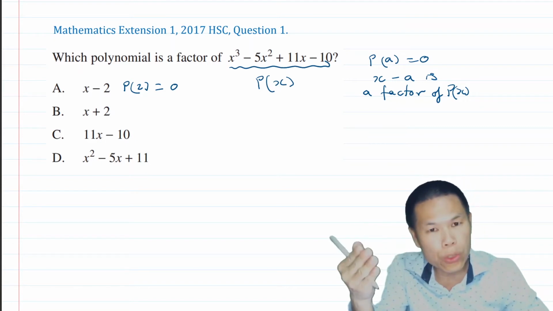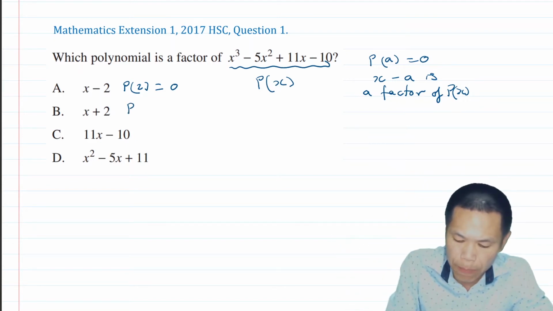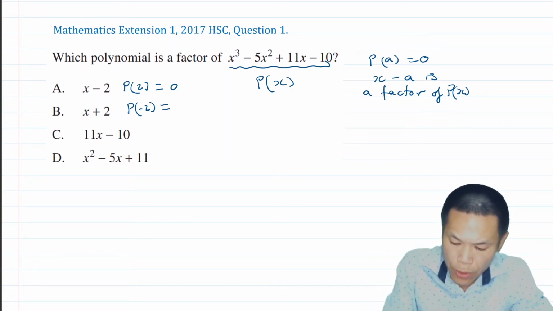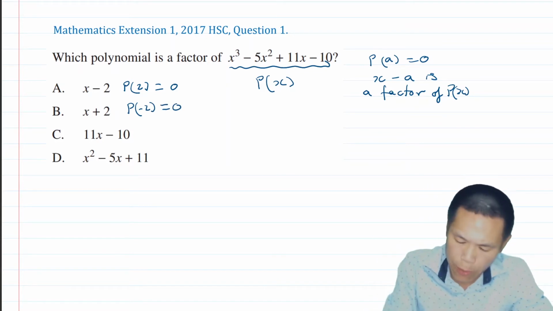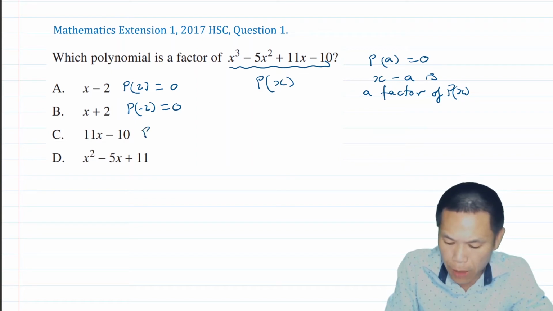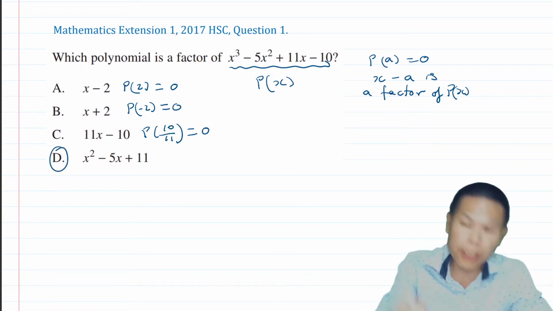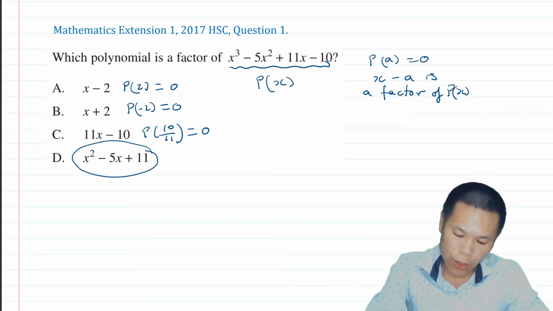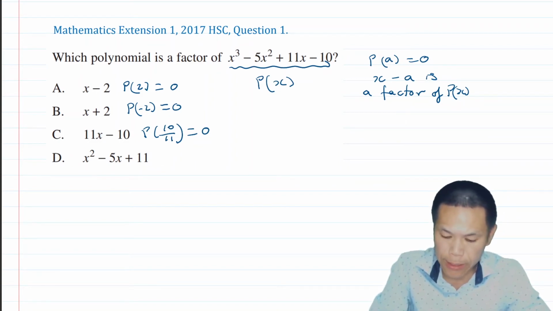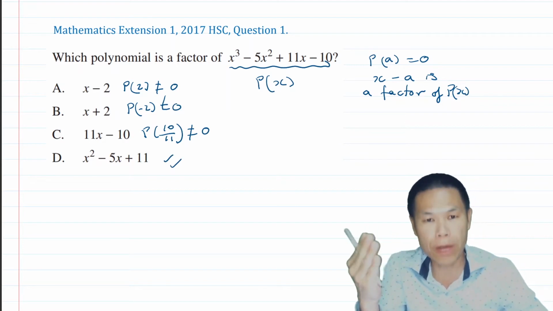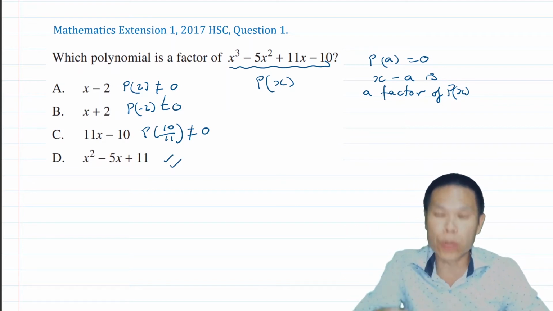If not equal to 0, then we find P of minus 2 equal to 0. If not equal to 0, then we need to find P of 10 over 11 and see if it equals 0. Now, if that is not equal to 0 either, then this should be the answer. Correct? So let's get into it.